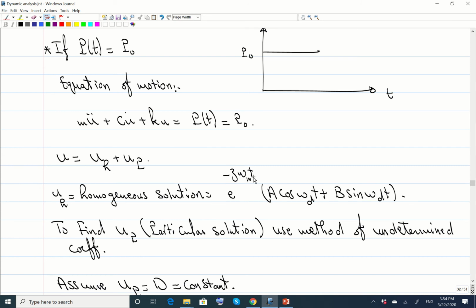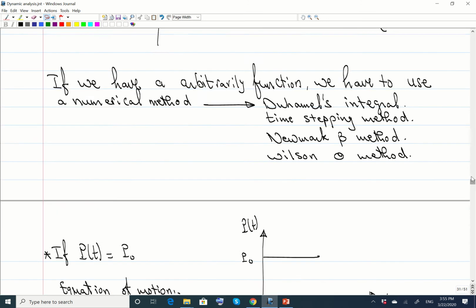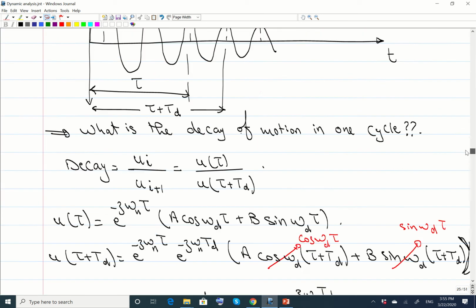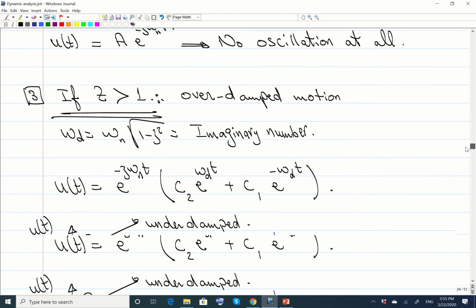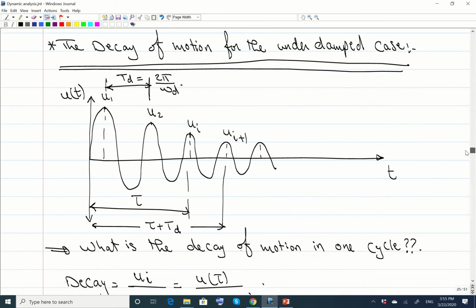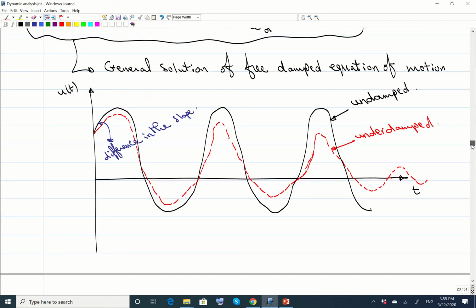It's e power negative zeta omega n t, times a cosine omega d t plus b sine omega d t, and we find those constants. I don't remember them exactly, so let's go up there and look at what we found earlier, the two factors a and b.